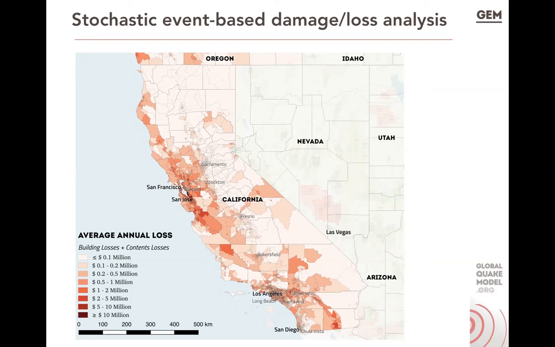And in OpenQuake, we designed a specific calculator just for California to be able to handle this amount of information in the hazard models. So we were able to compute the hazard and the risk for all of those branches in the logic tree within a matter of few hours. So OpenQuake has the capability to handle very complex hazard and risk models.